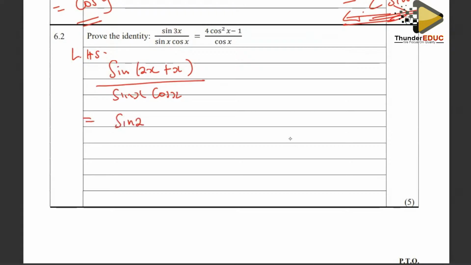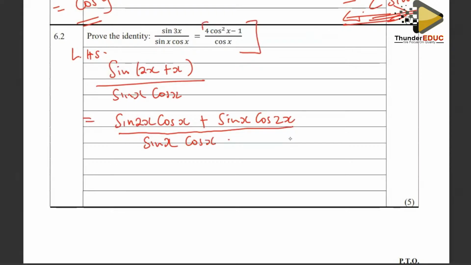So it's going to be sine 2x cos x plus the sine x cos 2x. I'm dividing this by sine x cos x. What do we see on top? On the right-hand side, everything is just cos. So sine must disappear. So let's expand this double angle to sine x cos x.